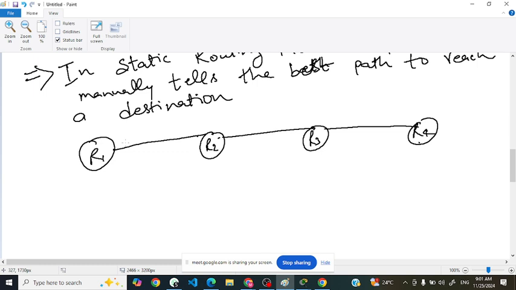We will discuss this in static routing. Once the packet is received on R2, you will also have to give an instruction to R2: if you are receiving any packet from R1 and you want to send it to R4, you will also have to choose this path only.